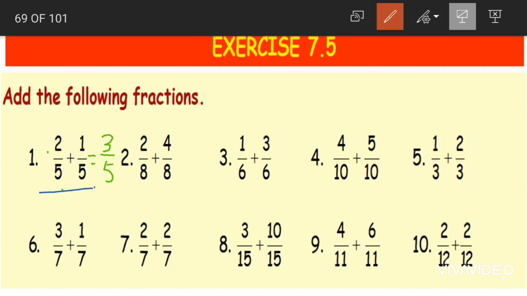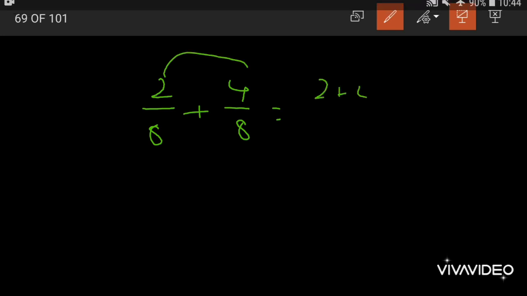Question 2. 2 by 8 plus 4 by 8 is equal to, now again what to do? Add the numerators together. 2 plus 4 divided by what is the common denominator? 8.